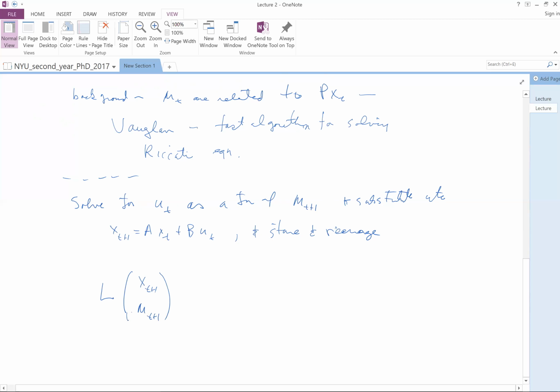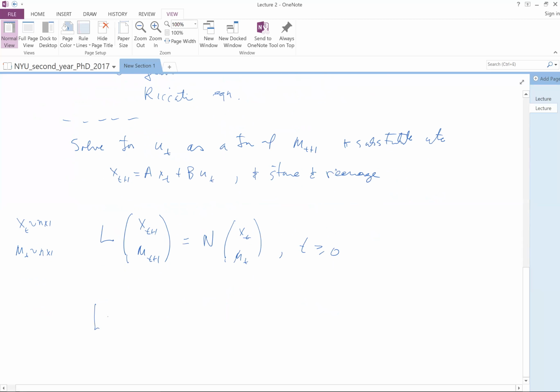And remember, each of these x is an n by 1 vector. So that means mu t, the shadow prices, are also an n by 1 vector. We're going to get this system. And in particular, this L matrix, this is just simple algebra, little linear algebra.